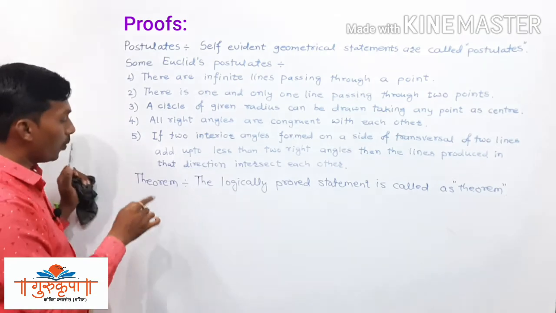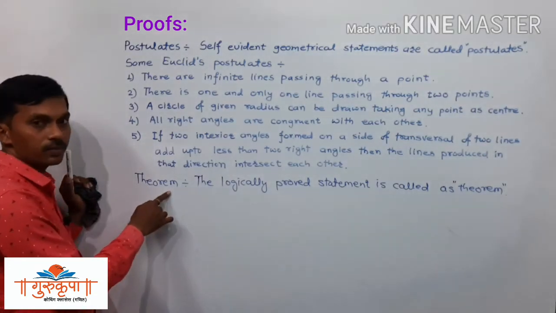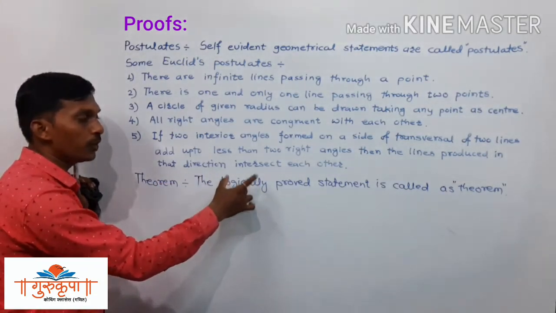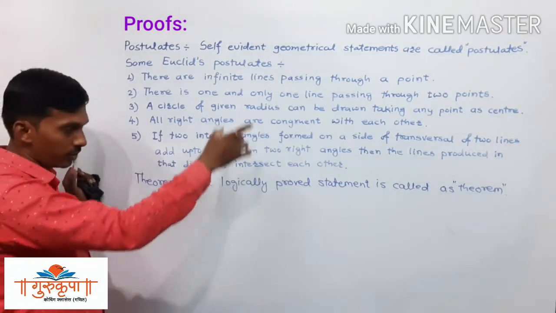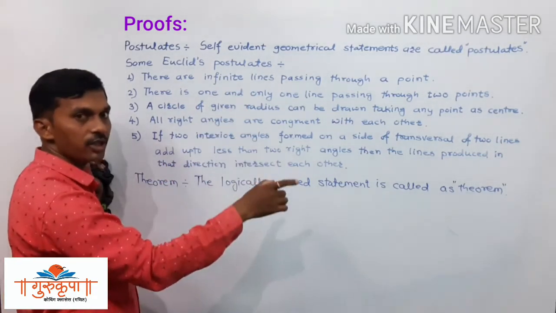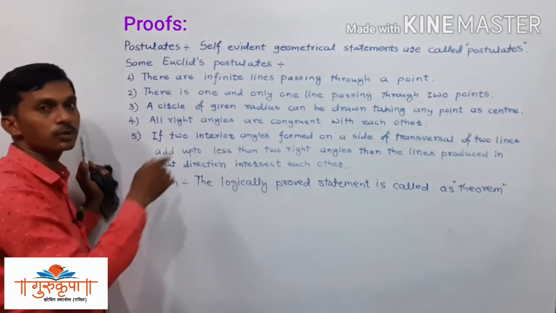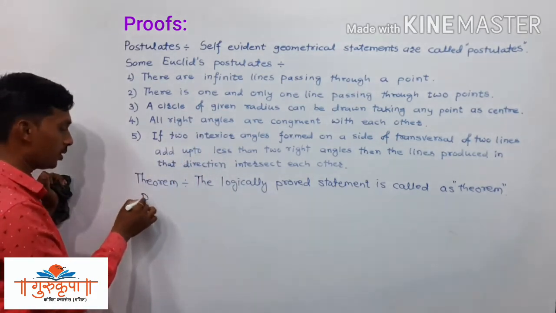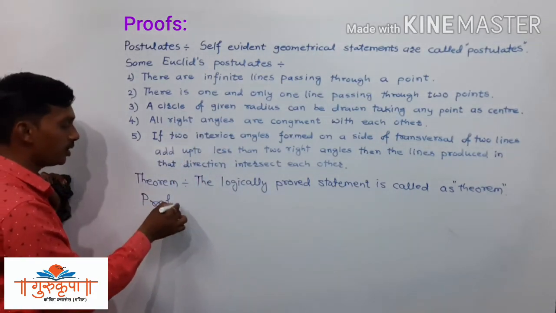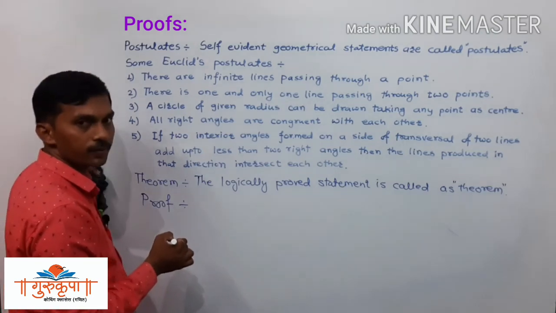And now, while solving this theorem, whatever logical argument is made and written there, that is called proof. What is proof? Proof is nothing but the logical argument.